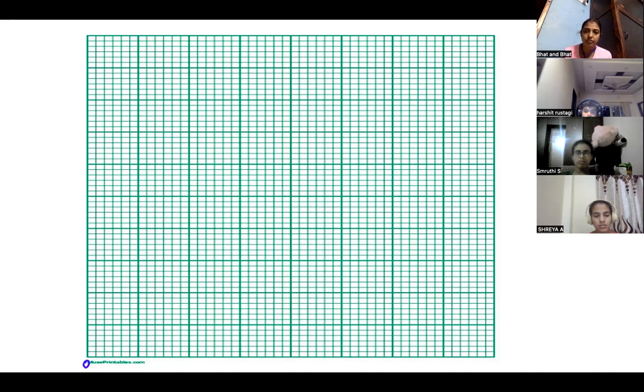On the x-axis, we want minimum 0, maximum 49. So we will take each division as 10: 10, 20, 30, 40, 50, 60. This is along the x-axis, okay?